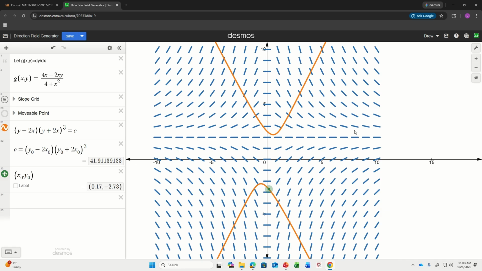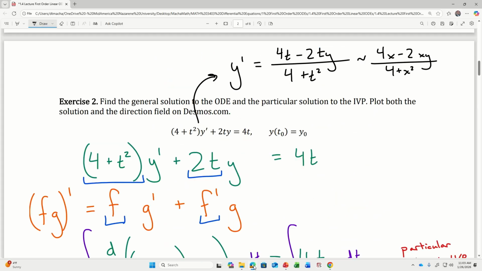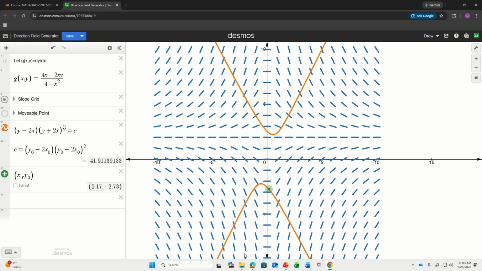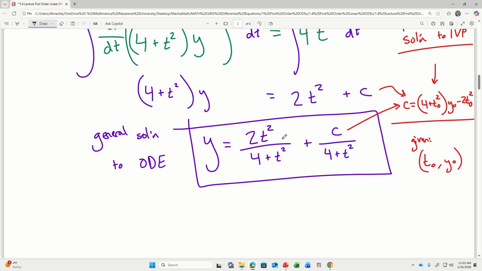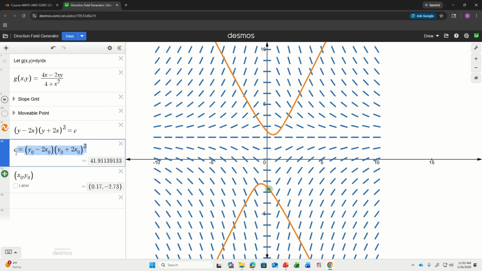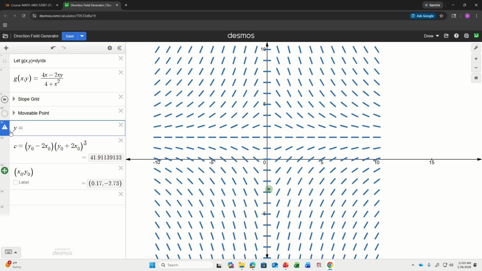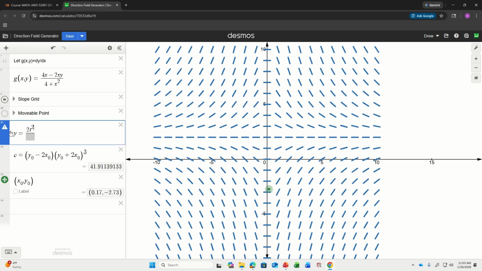Okay, so in blue, that's my direction field that represents my ODE. And in orange, we've got to type out my solution, which is going to be 2t squared plus c divided by 4 plus t squared.